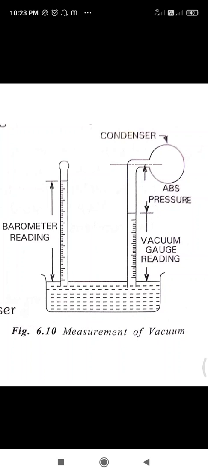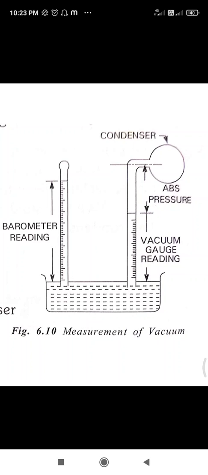Actually, what is this corrected vacuum? Vacuum is referred to a standard barometer reading, that is, a barometer reading of 760 mm of Hg. If the barometer reading does not coincide with the standard value, the corrected vacuum with respect to the standard barometer may be calculated by using the relation.